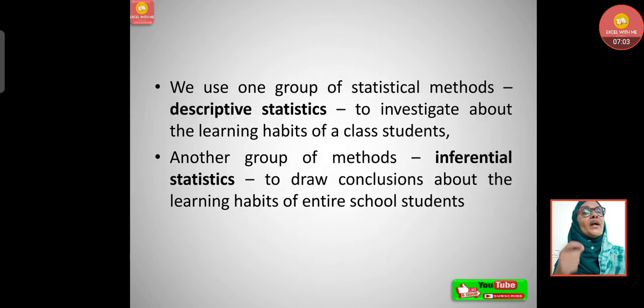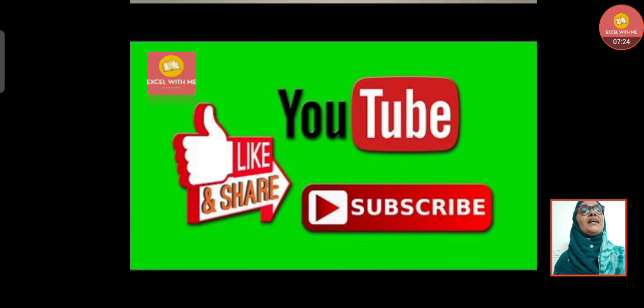Now we use one group of statistical methods, that is descriptive statistics, to investigate the learning habits of a class of students. Another group of methods, inferential statistics, to draw conclusions about the learning habits of the entire school's students. So for that only we do all these things. Now we will discuss these two in the next classes.